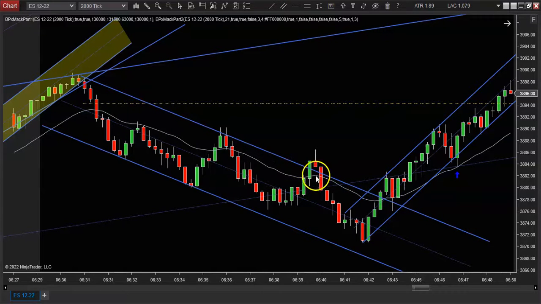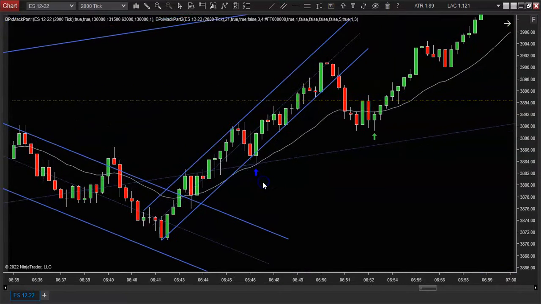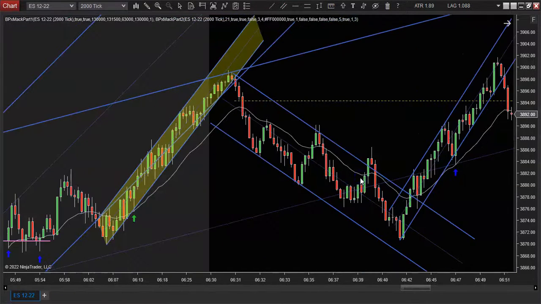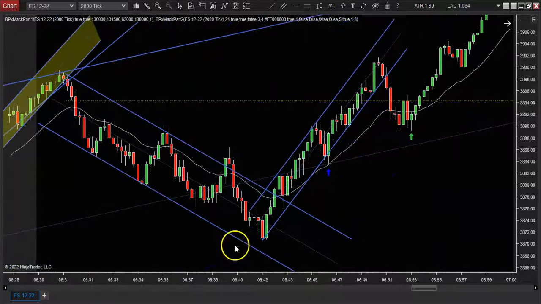So yeah, maybe you take that, maybe you don't. Bias is up, so I wouldn't be taking that. Then you get a first entry, failed second entry short. I like this one, just because the bias is so heavily up, you know, and we're probably going to test this opening price.